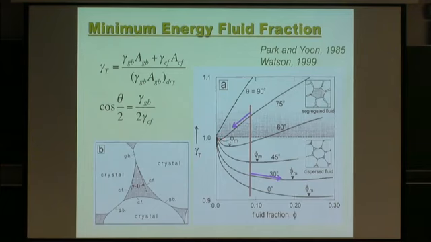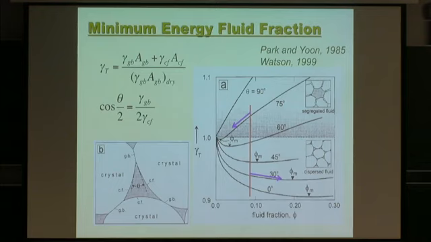If you look at the total system energy for the high wetting angle, like 75 degrees in this case, the system actually wants to have less melt. The system prefers to be dry to stay low in total energy, all right? Whereas with the low dihedral angle, the system prefers to be wet to reduce the energy.